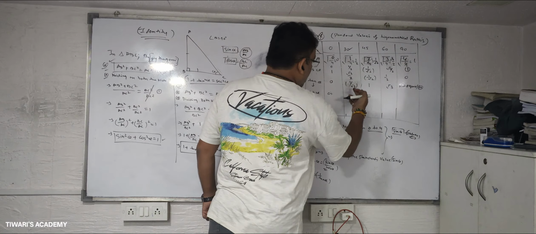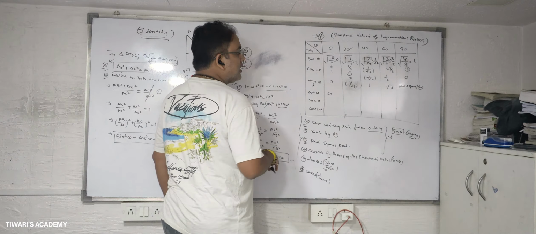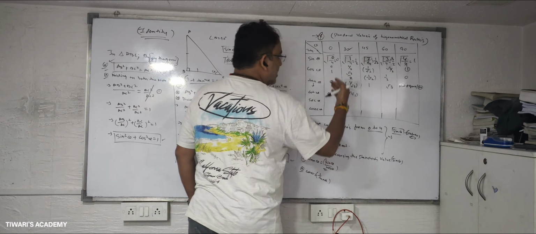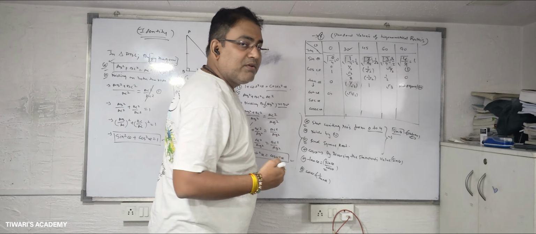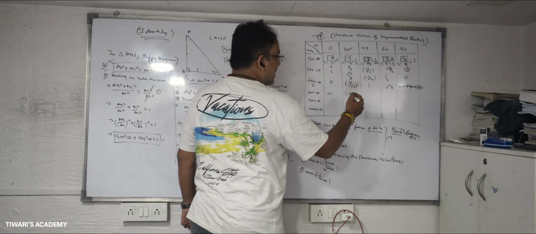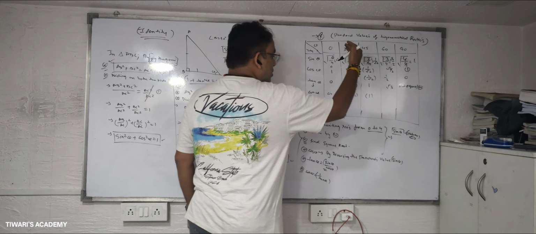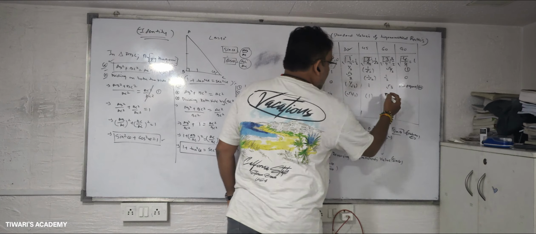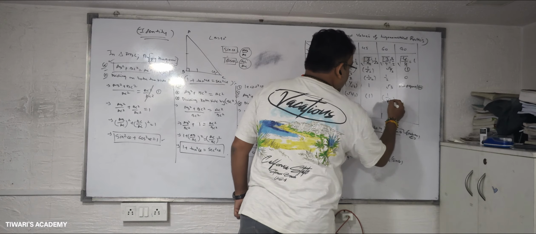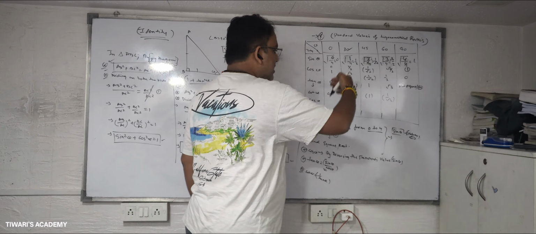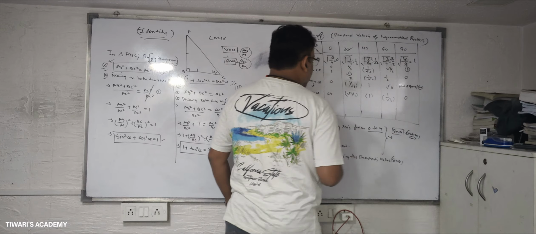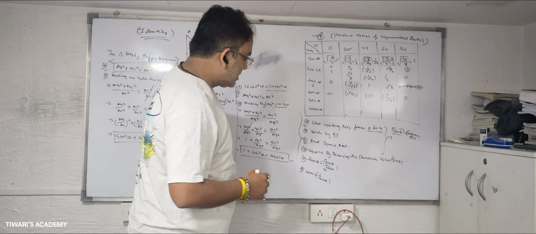Cot 30 will be 1 upon tan 30, that is root 3 upon 1. Cot 45 will be 1 upon tan 45, that is 1. Cot 60 will be 1 upon tan 60, that is 1 upon root 3, and cot 90 will become 0. So this is for my cot theta.